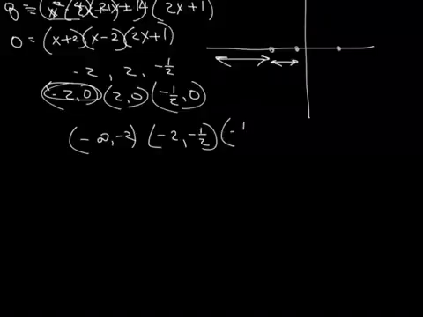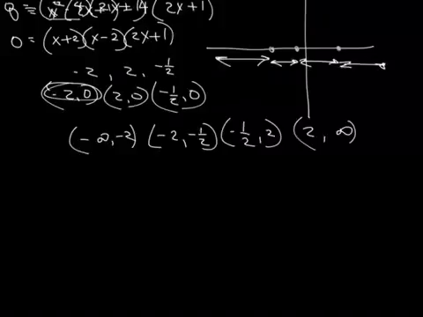Then we go from negative 1/2 to 2, and that takes care of this, and then 2 to positive infinity. And it should be pretty easy to look at this, because the last number here will be the first number here. Last number, first number. So it kind of helps you to get that down.